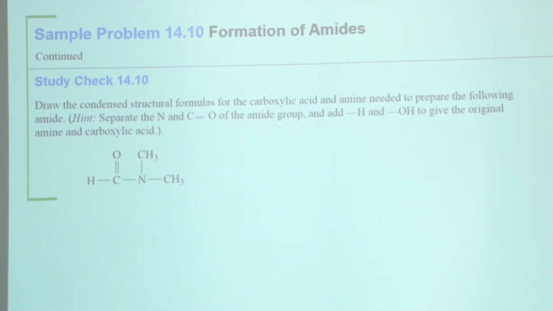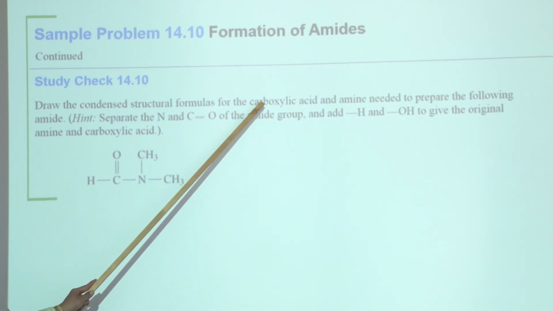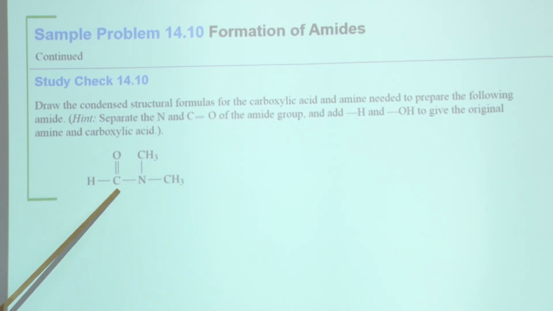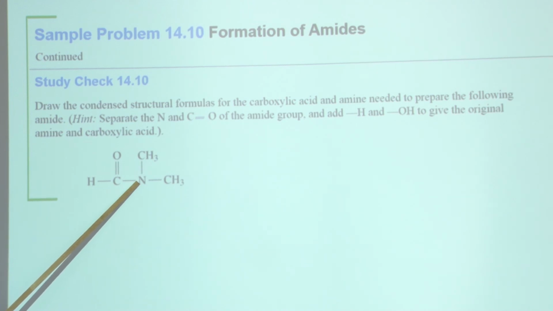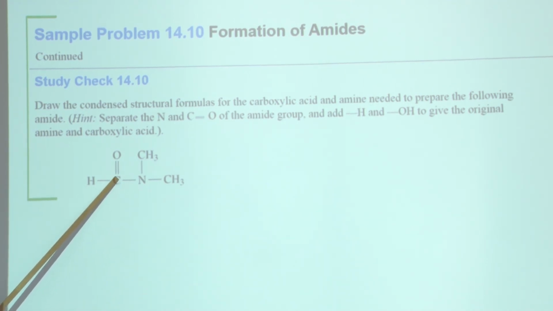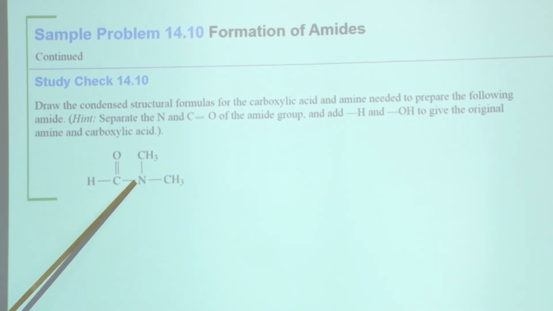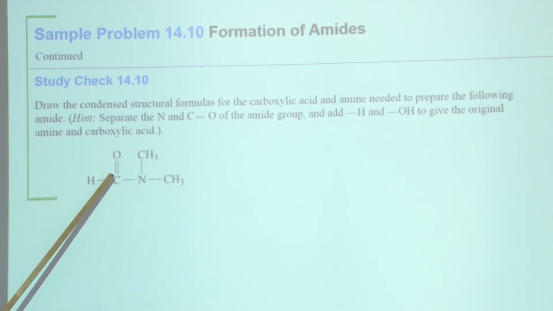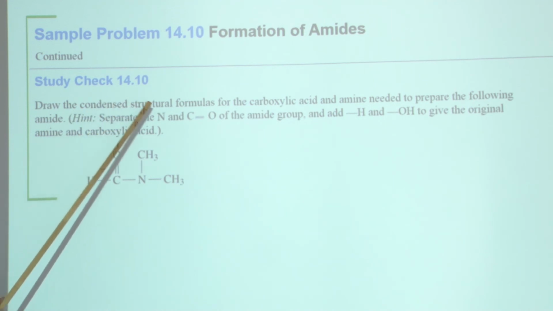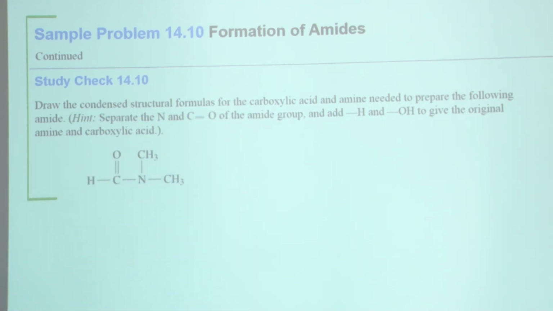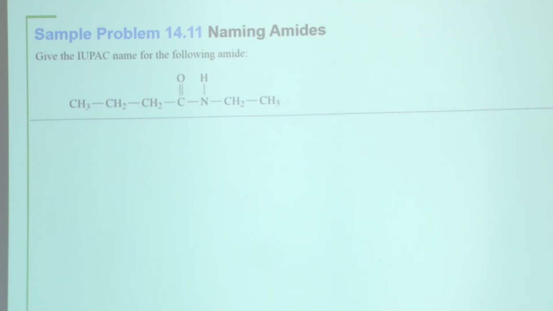These are my two ingredients, the carboxylic acid being methanoic acid and the amine being dimethylamine, because this is where the amide bond is created. An OH and an H were lost, so I'm putting back those OH and H to go back to the acid and amine needed to give the original molecules. So look for the amide bond.